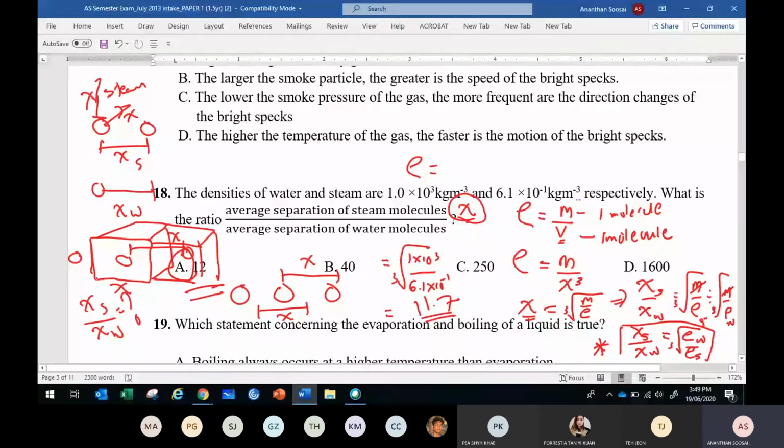X is the spacing of one molecule. Because 3D will be x, it becomes x cube. Volume occupied by one molecule is x cube, where x is the spacing. Then you do rearrangement. You can find the spacing ratio is the cube root of density of water over density of steam.